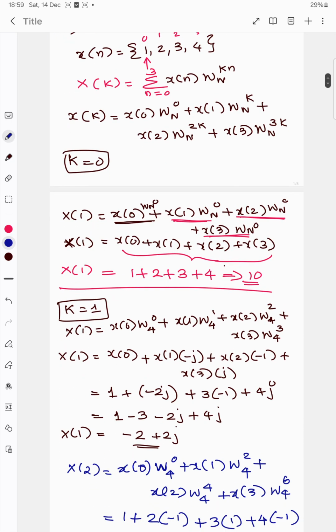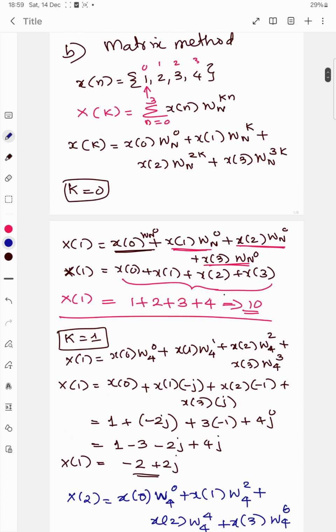Now let us assume an example. x of n is equal to 1, 2, 3, 4, a 4-point sequence, and we want to find the 4-point DFT. So we have to change the limit now from 0 to 3, because we have 4 samples: x of n, WN, kn. Then we can substitute the running variable n from 0 to 3.